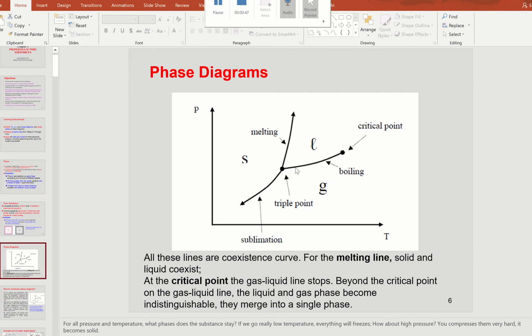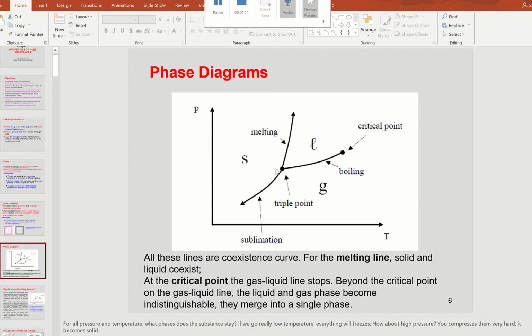So that's going to be our boiling curve, right? Then between solid and gas, when solid becomes gas, that's sublimation. They skip the liquid. So this line is called the sublimation line.